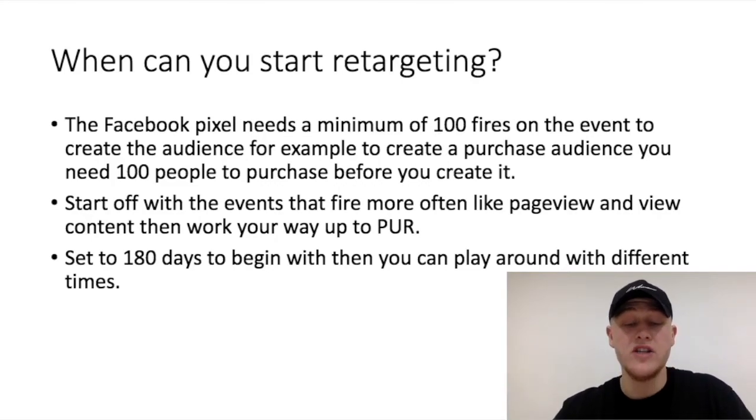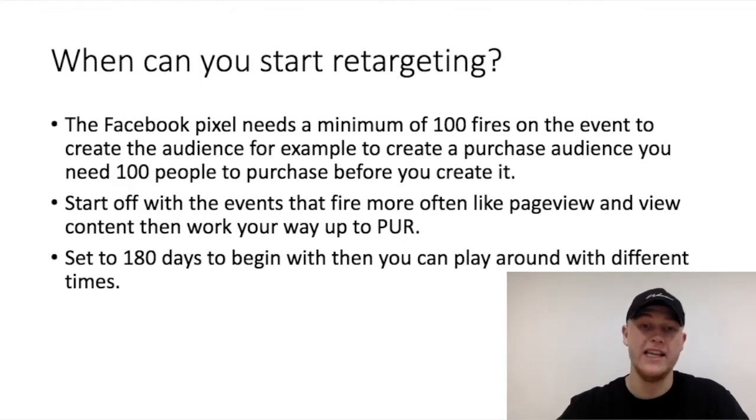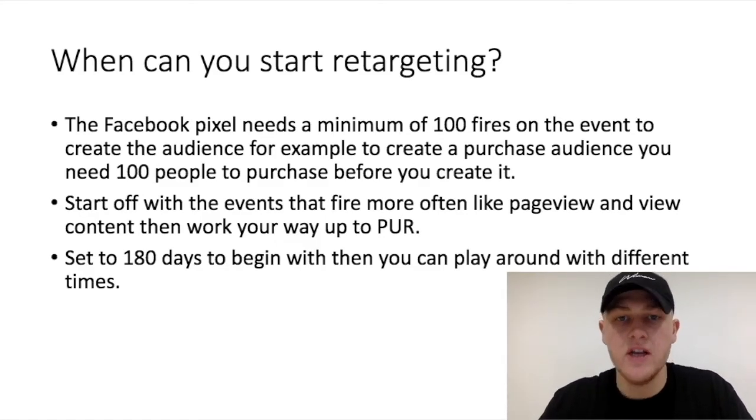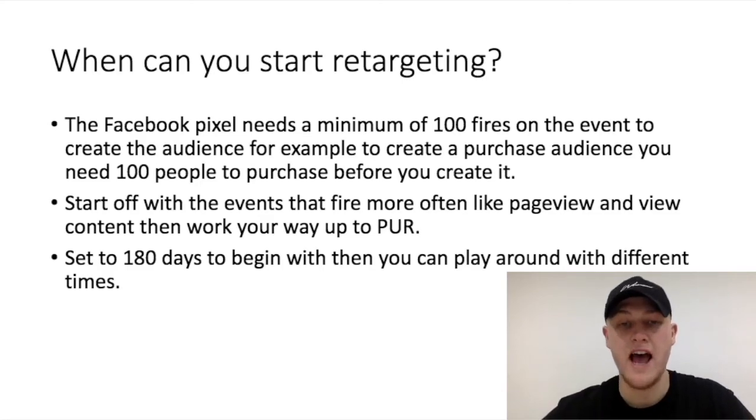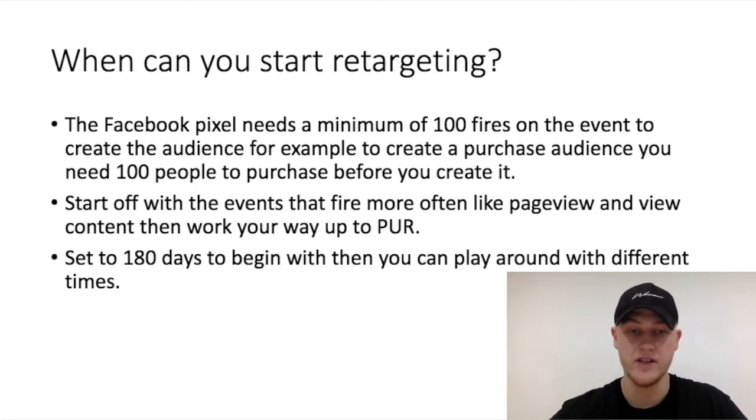So yeah, test out all of them, because honestly all of them normally work because the traffic is so warm. So you need to set this to 180 days, and then you want to play around with different times. I'm not going to go too much into that, but different times means it'll be a short period.